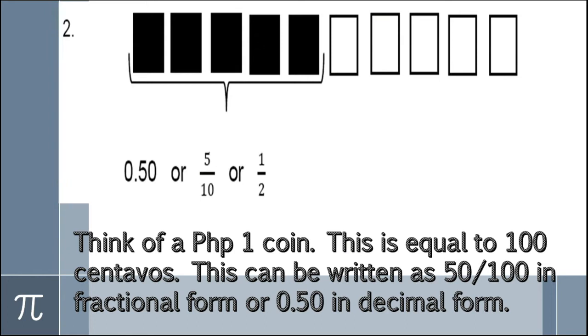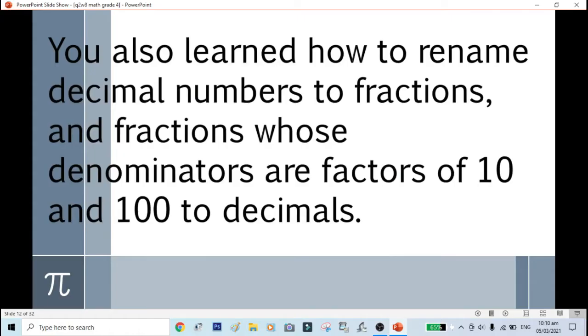This can be written as 50 over 100 in fraction form, or 50 hundredths in decimal form. You also learned how to rename decimal numbers to fractions and fractions whose denominators are factors of 10 and 100 to decimals.